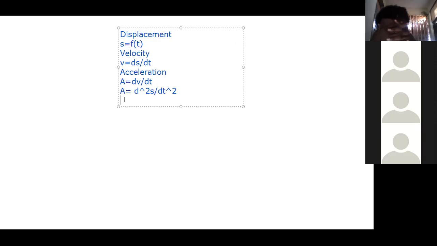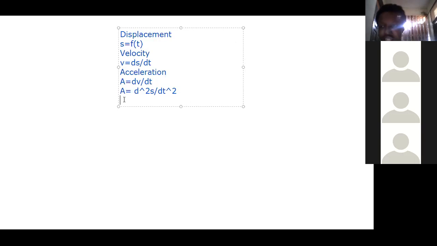Let me read it again. A particle moves in a straight line in such a way that its distance s meters from a fixed point O after time t seconds is given by s is equal to 2t cubed minus 9t squared plus 12t plus 3.